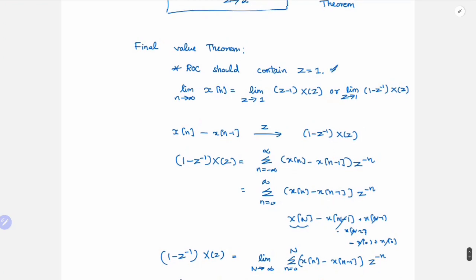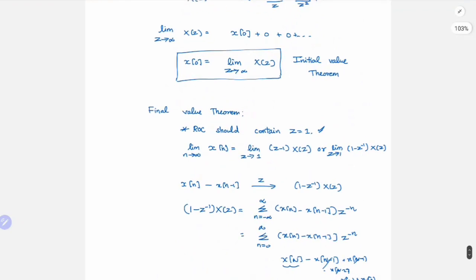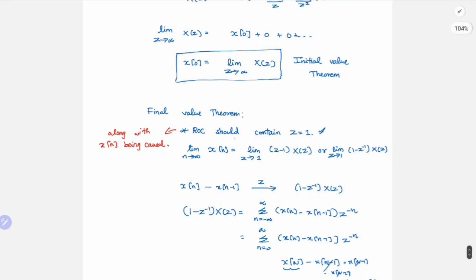So this requirement, what it also says, let me put it here. This along with x of n being causal, your ROC is going to extend outward, right? Because x of n is causal, and your ROC should also contain z equal to 1.